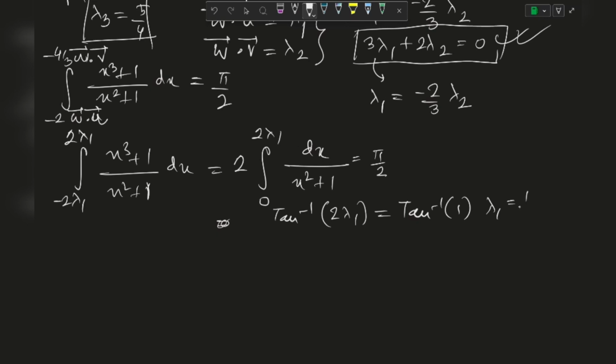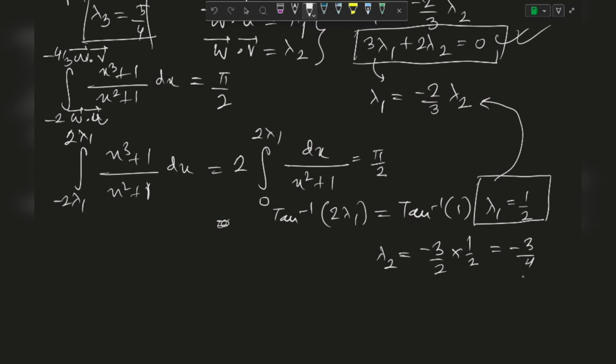So lambda 1 becomes half. And from here, if we put this into this equation, lambda 2 is basically minus 3 by 2 into half, which is minus 3 by 4.